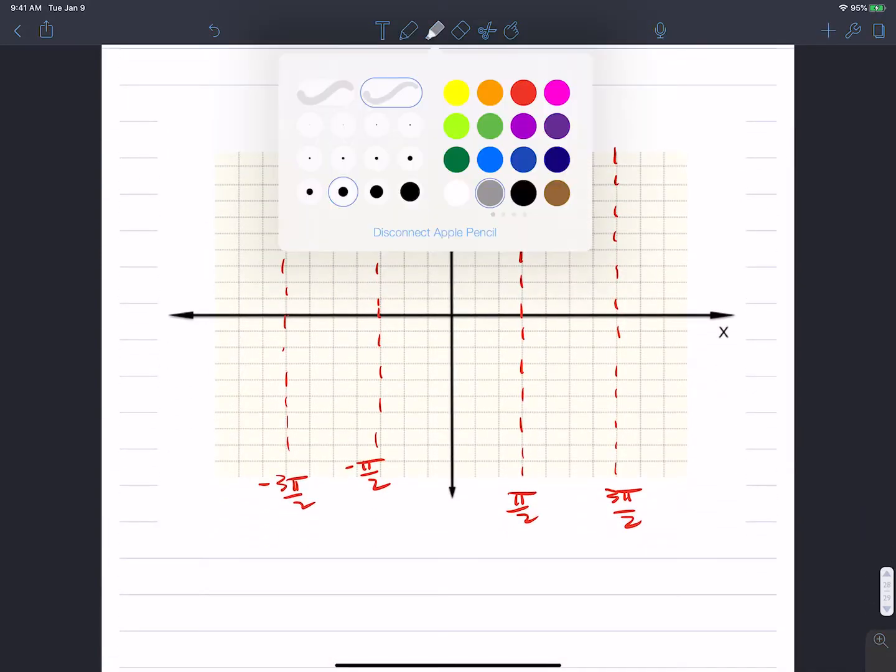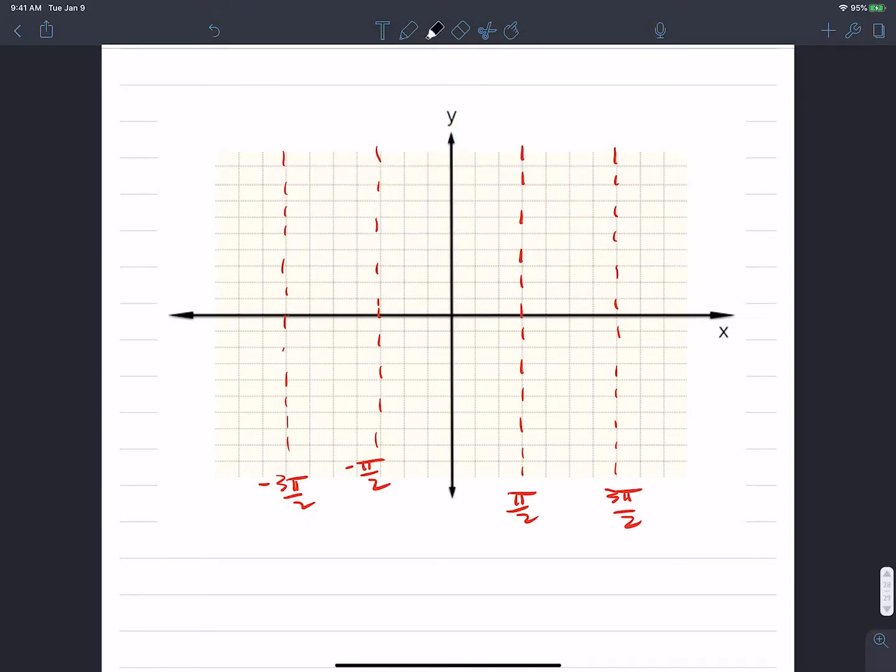So we have an intercept here. 0, where's pi here? Yeah, it's in the middle here, right? 0, pi, and then 2 pi is going to be maybe over here. And then you have the other side in the middle and over here. So let's make sure we label this correctly.